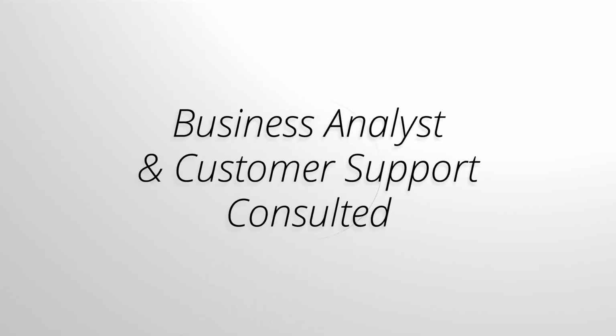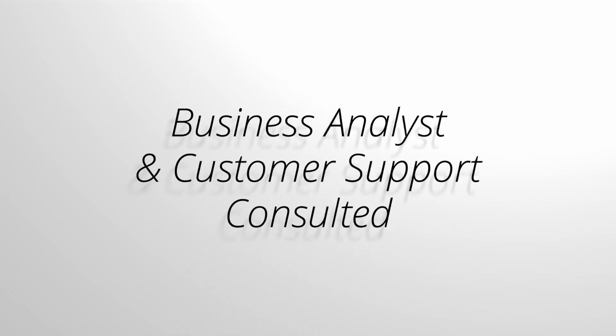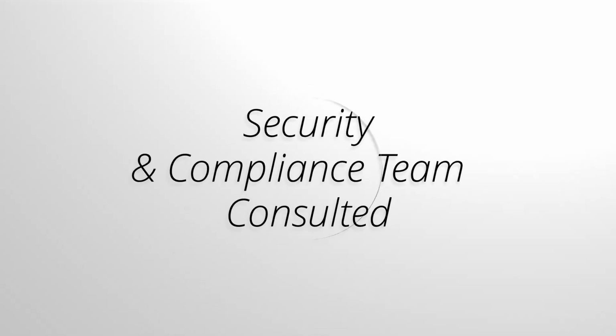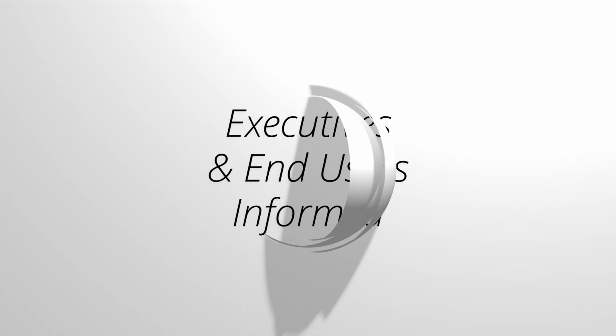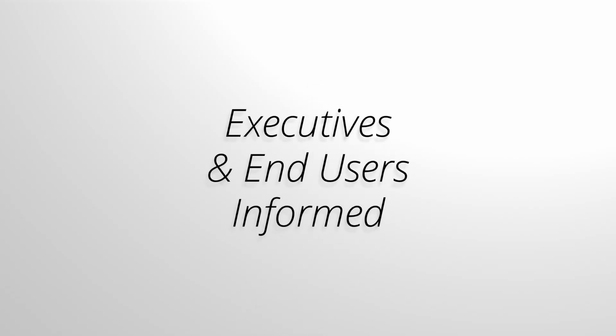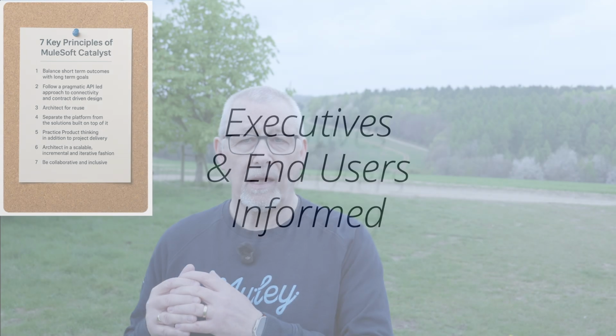The business analysts and customer support should be consulted to ensure the API meets business needs. And the security and compliance team should be consulted to ensure privacy regulations are met. In addition, executives and end users should be informed about rollout plans and benefits.